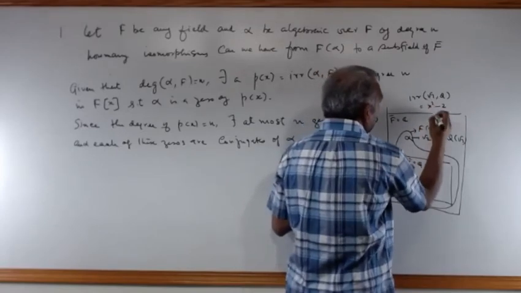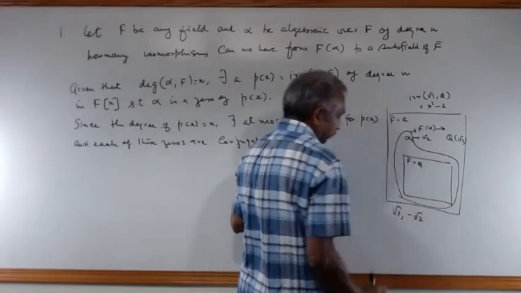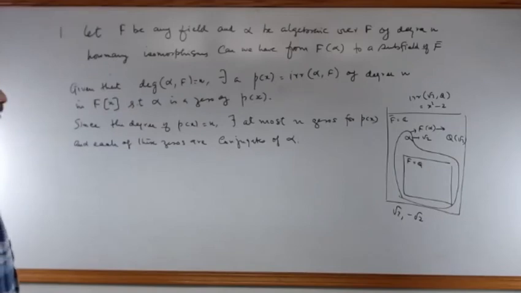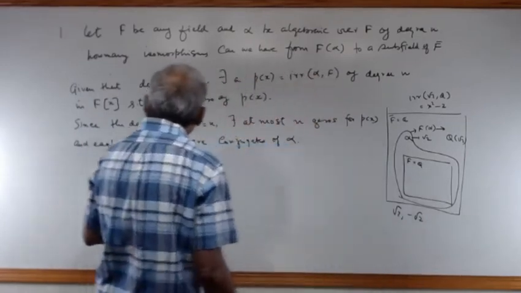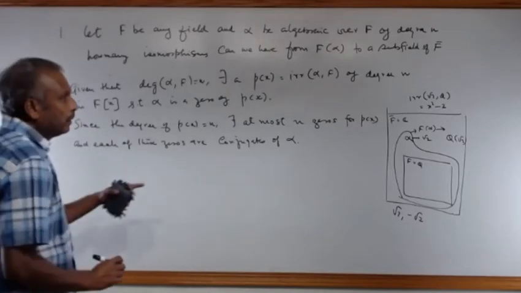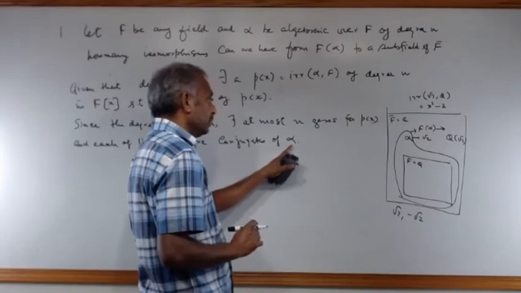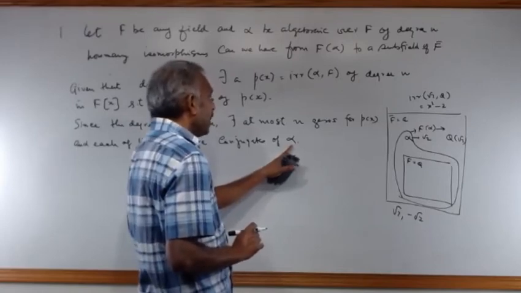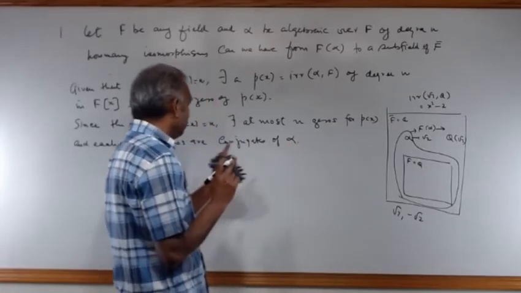The zeros are root 2 and minus root 2. So if you are going to define an isomorphism from F alpha, this alpha should map to one of its conjugates. And for each pair of conjugates, there exists only one isomorphism.